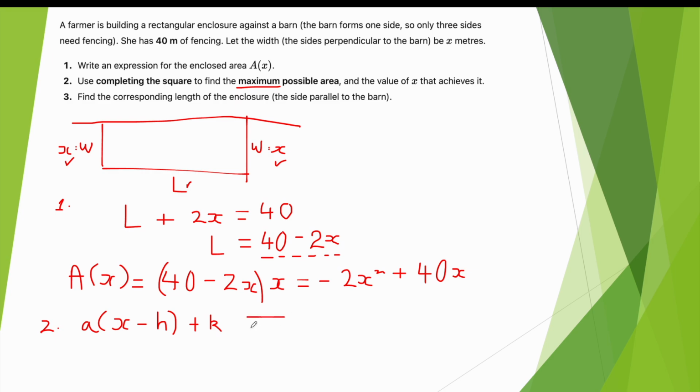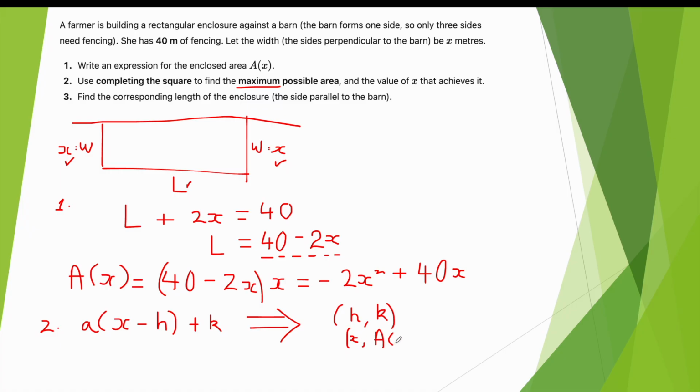This then helps you generate the maximum possible area because it gives you the coordinates of the vertex, which is going to be (h, k). So in this particular example, our x coordinate is going to give us the width of the enclosure, and our y coordinate is simply going to give us the area.